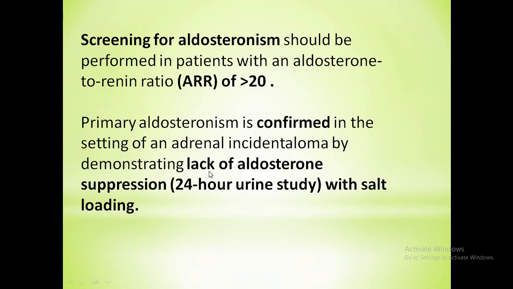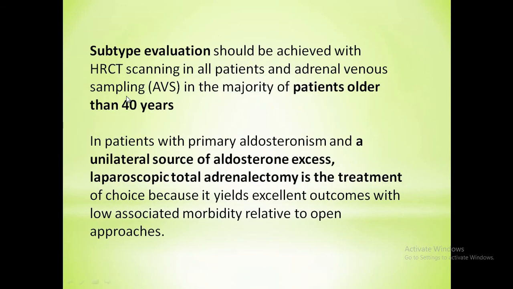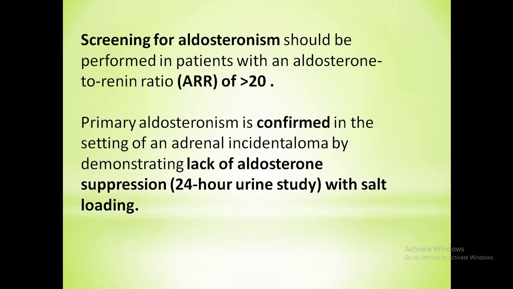It's confirmed by lack of aldosterone suppression. It could be done with a 24-hour urine study with salt loading. So screening with ARR, more than 20 suggests the patient could have it, and confirmation by lack of aldosterone suppression.